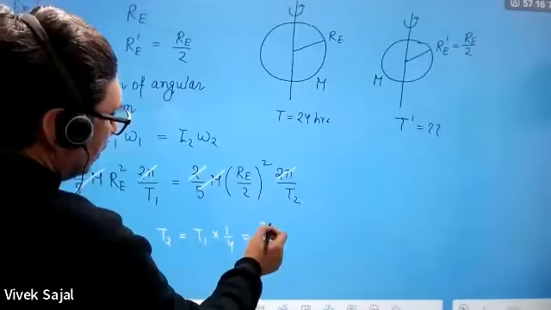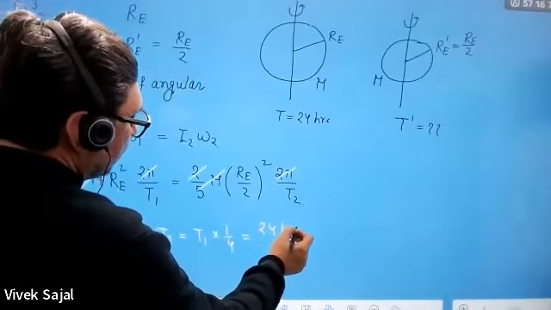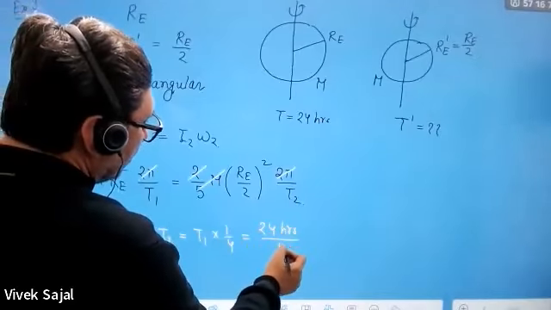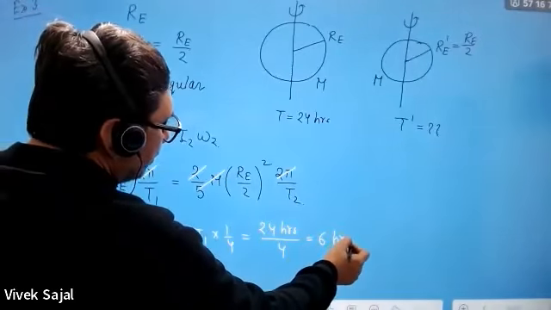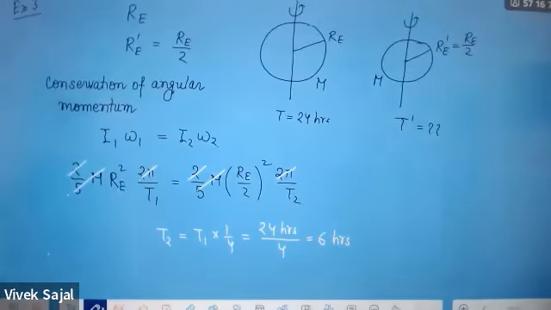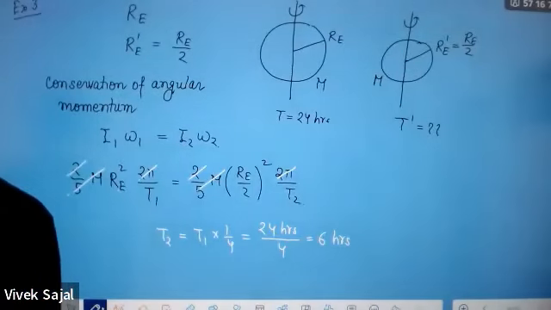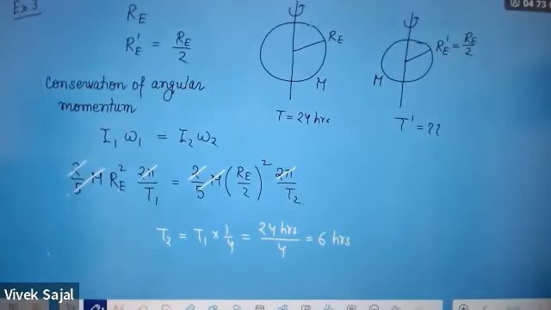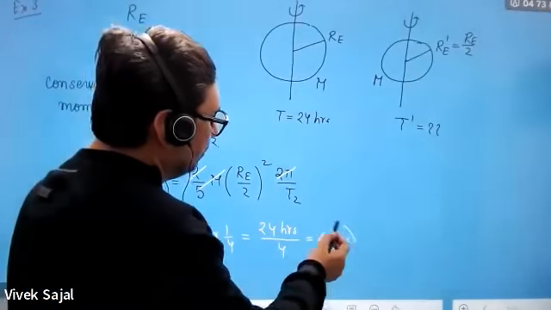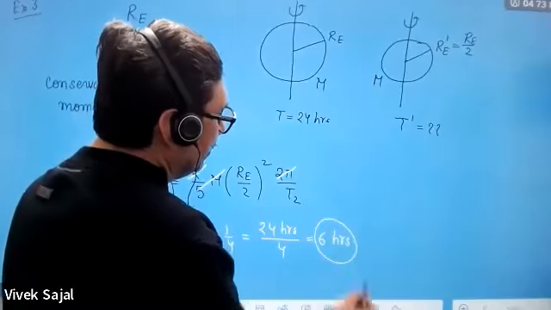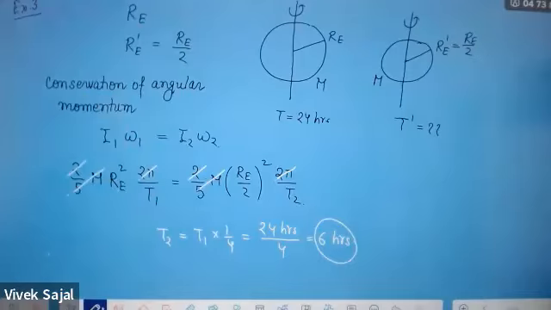T1 is 24 hours, divided by 4, so this will be 6 hours. So the daytime will be 6 hours. Length of the day will be 6 hours. So it is like this.